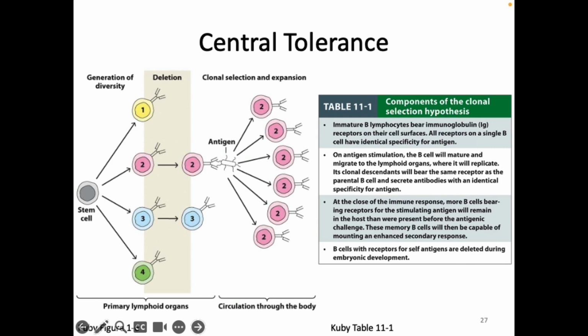When we think about tolerance mechanisms, there are two kinds. One of them is called central tolerance, which you can see here. Central tolerance means a tolerance mechanism that happens during development of the cell in a primary lymphoid organ.